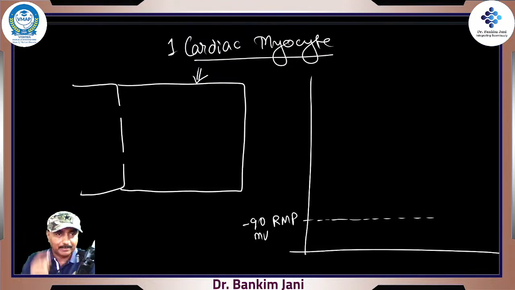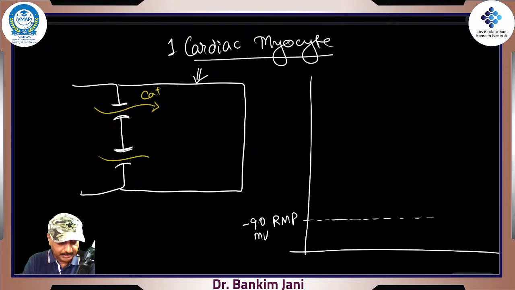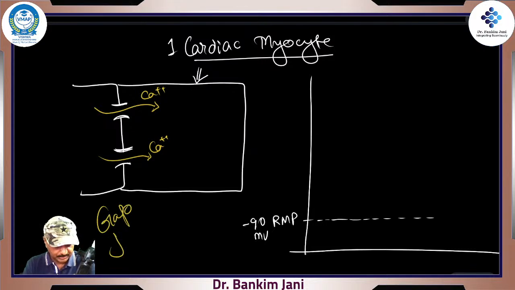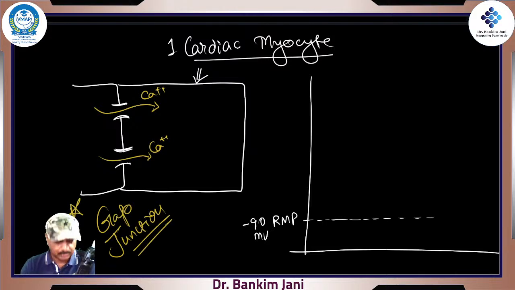Now, when the neighbor contracts, when there is depolarization in the neighbor, there would be leakage of calcium from the neighbor, and these calcium ions enter via the gap junction, which is a specialty of cardiac myocytes, cardiac muscle.